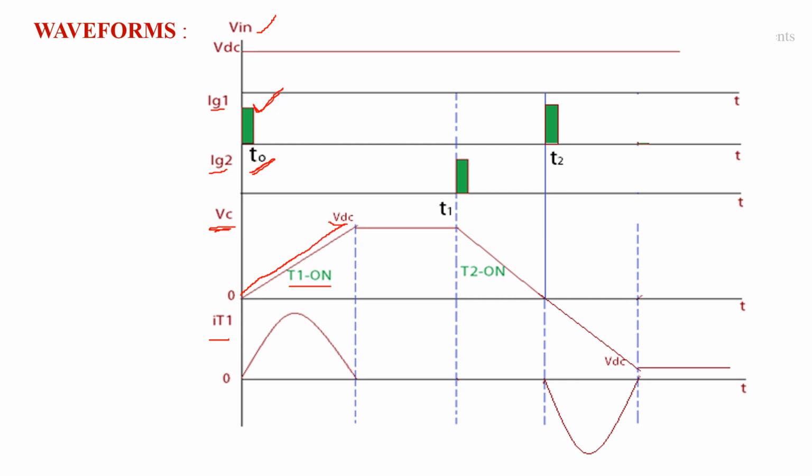Whenever the voltage across the capacitor reaches the voltage VDC, the current flowing through thyristor T1 comes to 0. Whenever the current flowing through thyristor T1 comes to 0, T1 comes into off state. Means in this duration the voltage across the capacitor is plus VDC and thyristor T1 is in off state, means the current flowing through thyristor T1 is 0.